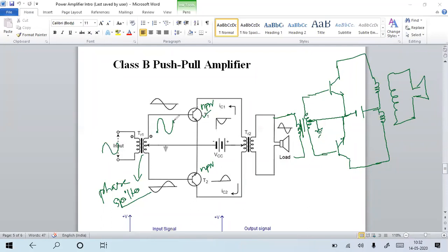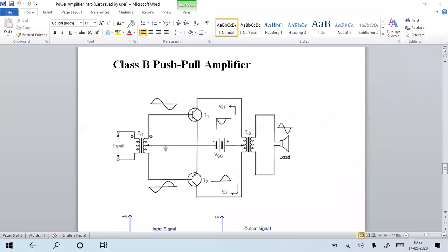But in the other secondary side, the lower winding, winding 2 will be out of phase with the input signal. That means it will be like this: a phase splitter, a phase changer. So in the lower secondary winding, the input signal will be 180 degrees out of phase with the primary side input signal. Because both are NPN transistors, the transistor will turn on only during the positive cycle of the input. During the negative cycle of the input, the transistor goes to the off state.